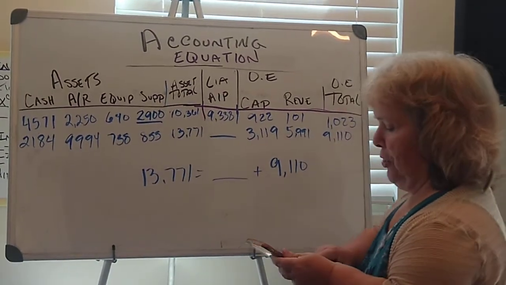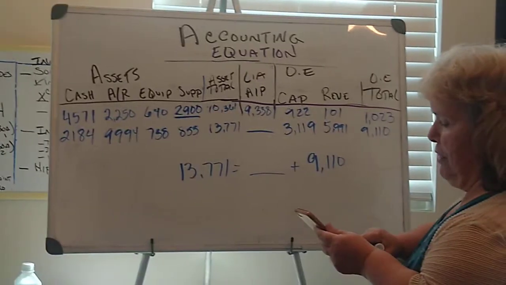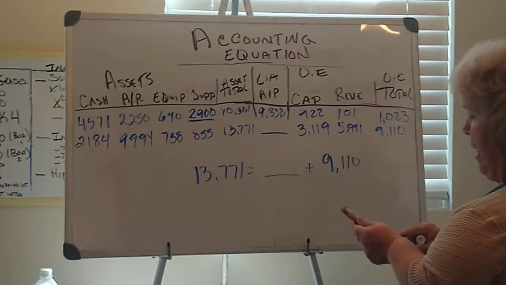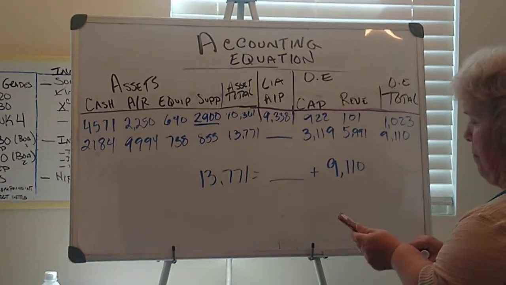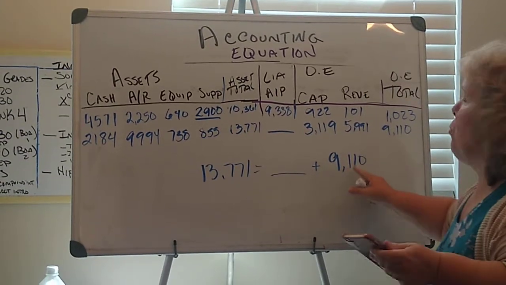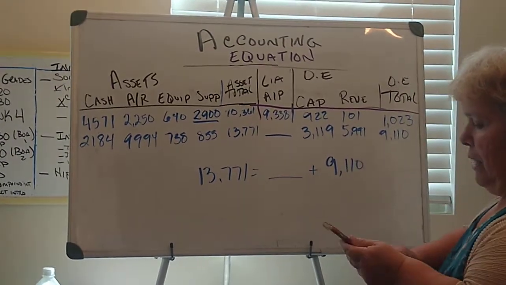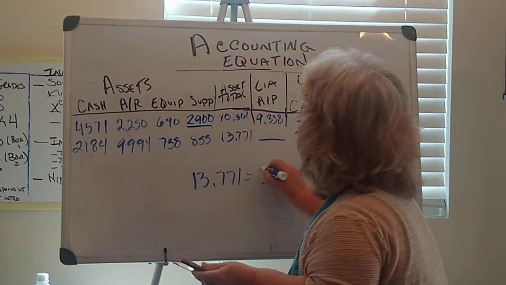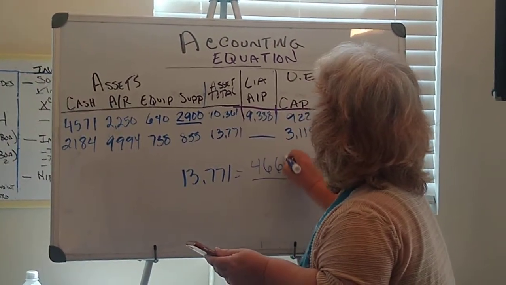Very good. So you take your total asset, 13,771 minus 9,110, equals, you should have 4,661.